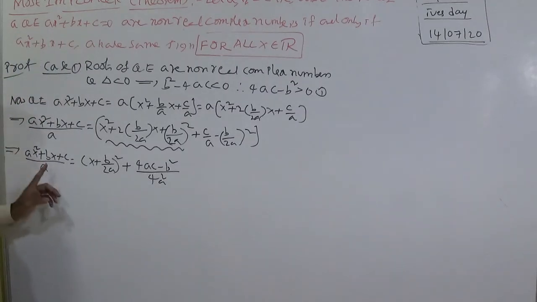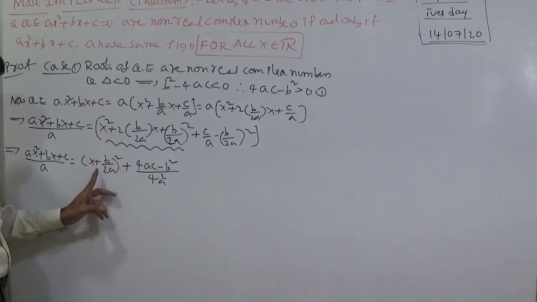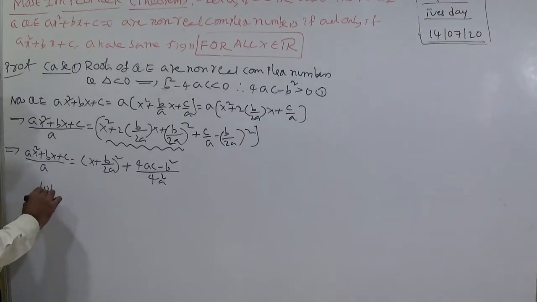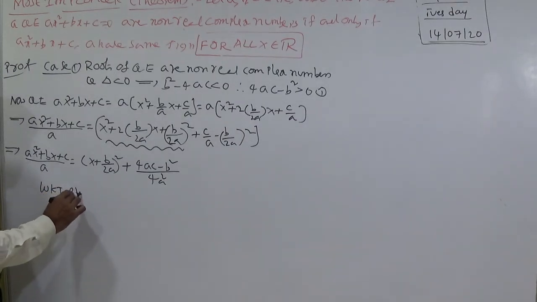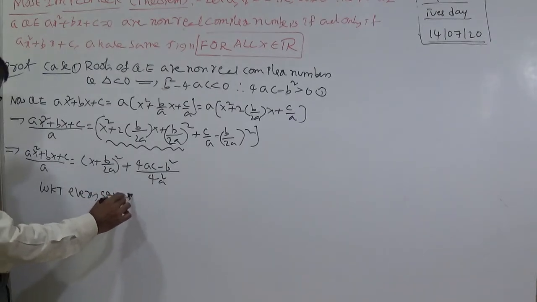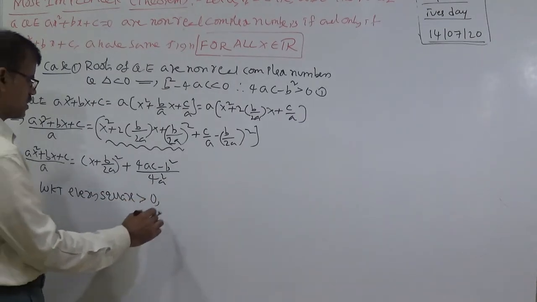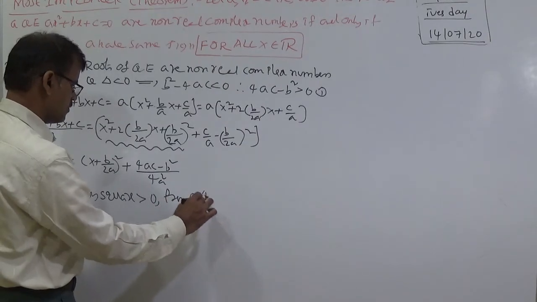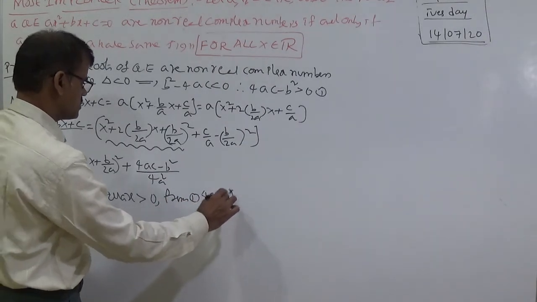Now we can understand that this is a square. We know that every square is greater than or equal to 0. From 1, every square is greater than or equal to 0.